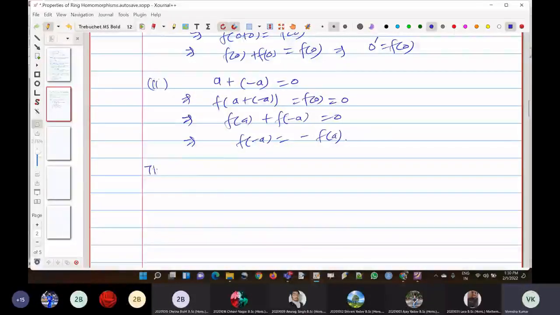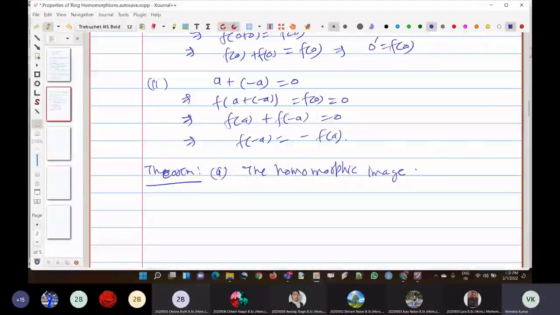And the next theorem. In this, there are two things. A, the homomorphic image of a commutative ring is a commutative ring.